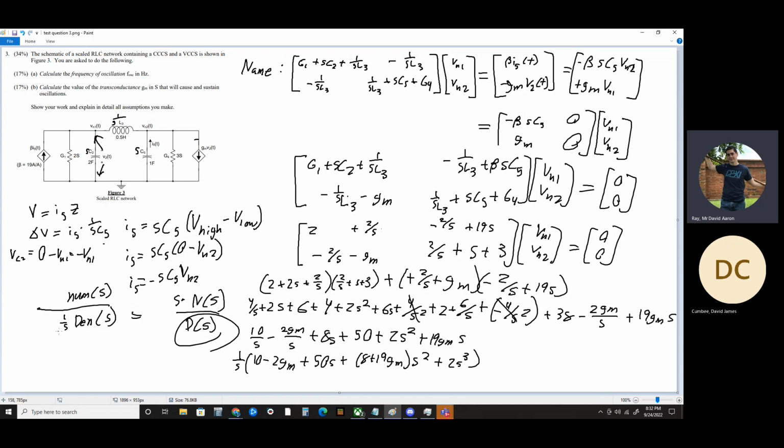Whenever you see a 1 over s, that's really part of the numerator, or it affects the numerator, not the denominator. And that's why it's important to factor out any of those over s's to get just 10 minus 2 GM plus 50s plus something s squared plus something s cubed, etc.